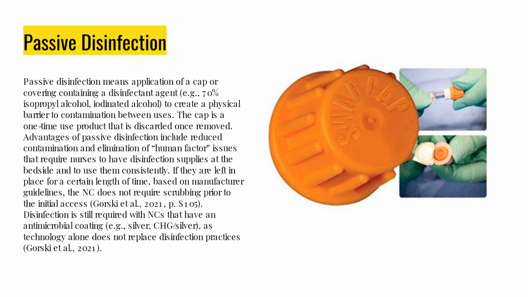Well, somebody, evidently smarter than me, came up with this cap, and all you do is take that cap and put the end of your tubing from your IV in there, and the inside of that cap is impregnated with CHG, and it keeps that tubing nice and clean. And then when you go to rehook up that IV, you just take that cap off, throw it away, hook up, and you're done. It's a beautiful system. So very economically sound, reduces the risk of infection, and again, it's impregnated with CHG.